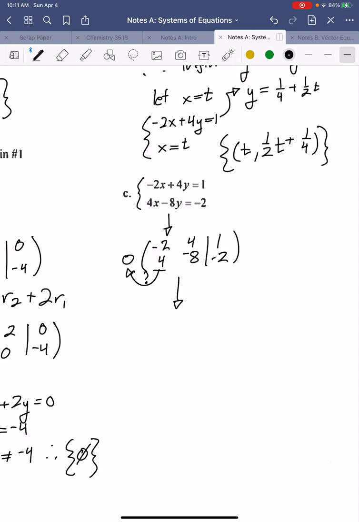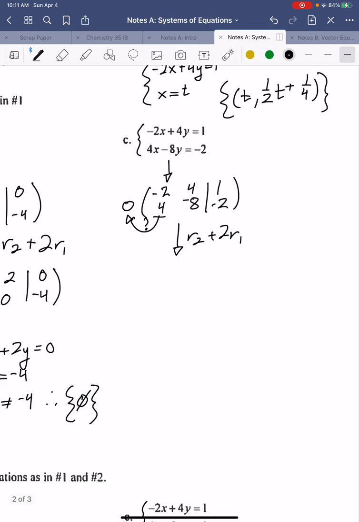We have R2 plus 2R1. So same thing as before, right? So that turns our matrix into: first row doesn't change. Second row does though, so 0, also 0. And then, let's see, -2 plus 2 times 1 is -2 plus 2, which is 0. So the whole entire bottom row is 0.